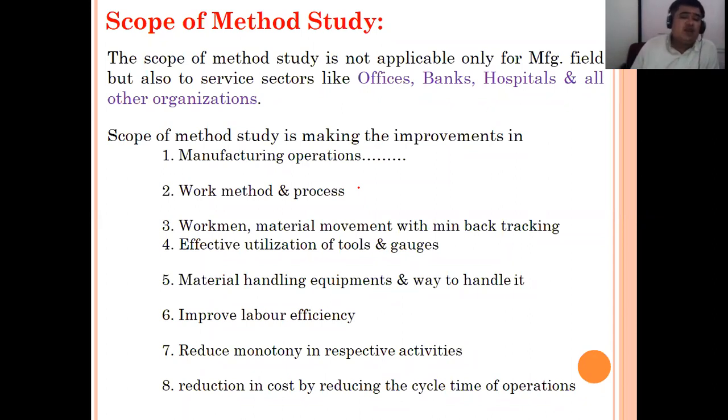Labors, that is workers. If workers go for chit chatting, they will not work on the machine effectively. Then that time we can also call the ineffective time, unproductive time. Let's say a worker is working for 8 hours, you are giving the salary of 8 hours, but he is not working for 8 hours.